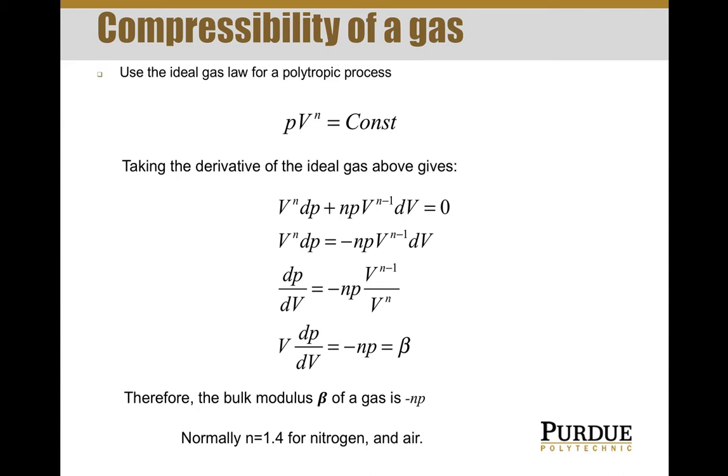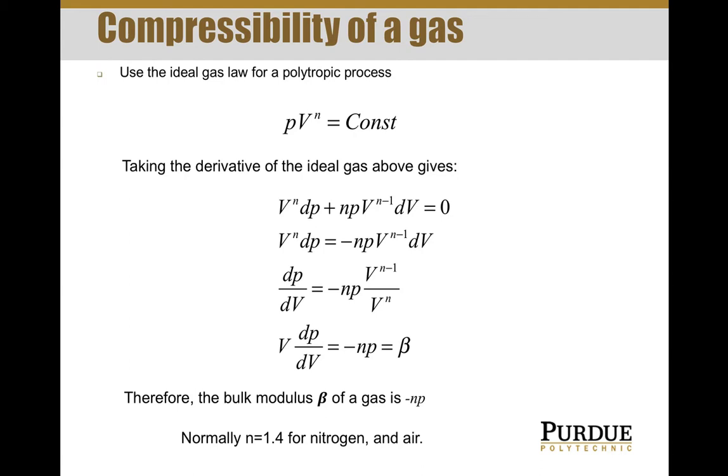So those are the polytropic processes. And so if you want to characterize the process itself, then you follow a curve that looks like this. P, the pressure, times the volume to the nth exponent must be equal to a constant value. Okay, and that's the ideal gas law.